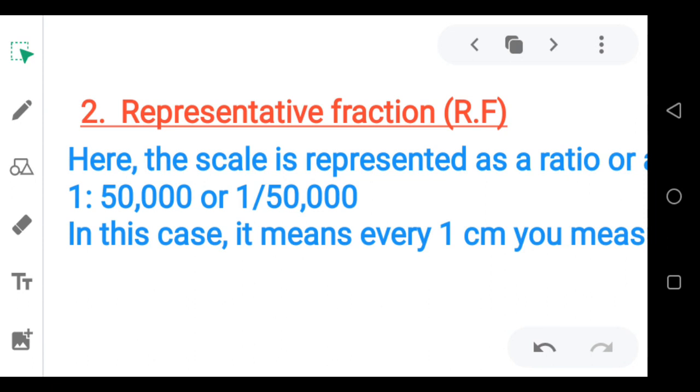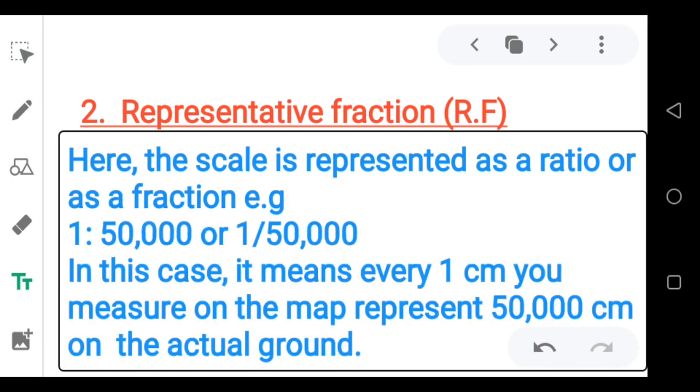In this case, it means 1 centimeter you measure on your map represents 50,000 centimeters on the actual ground.